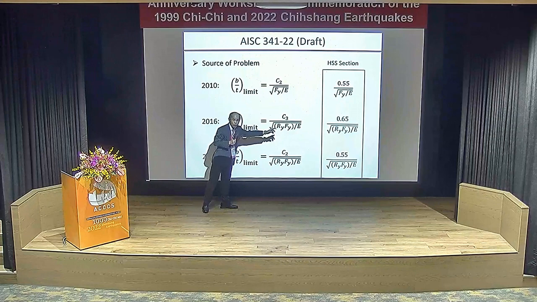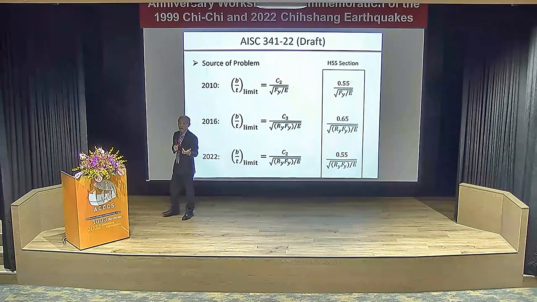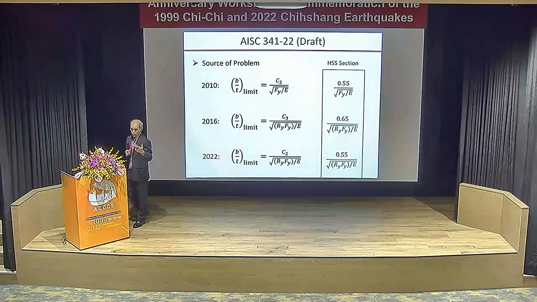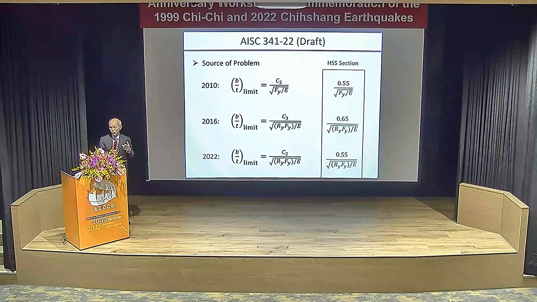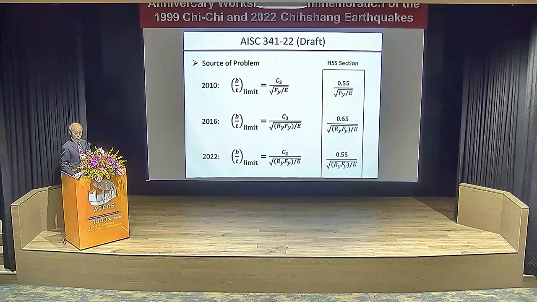If you use 1.4, you effectively penalize diagonal braces with double angles or other material types. So that is one of the problems, and one very important decision. Now you see why the code committee changed their mind back to the 2010 coefficients. That is the first important change. I initiated that, and it caused some problems.